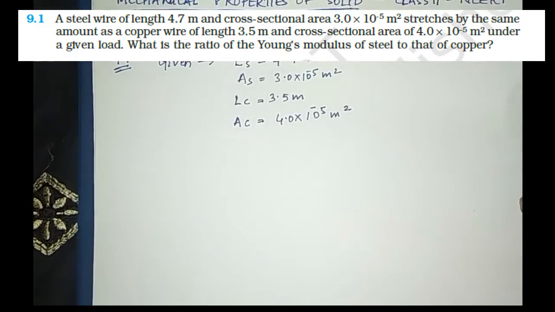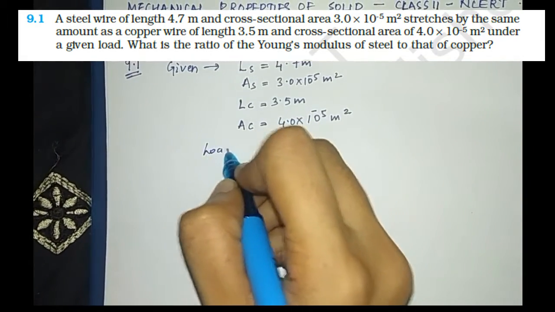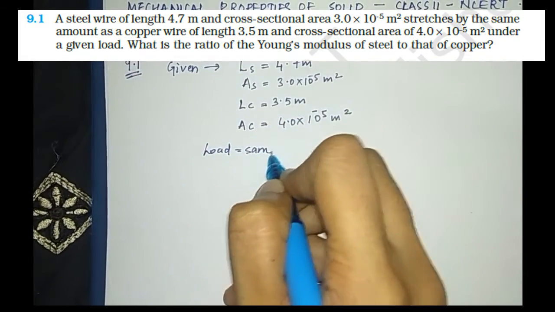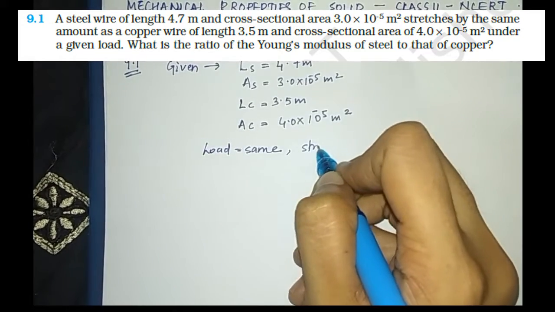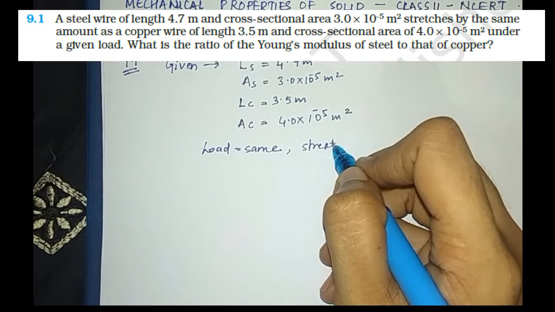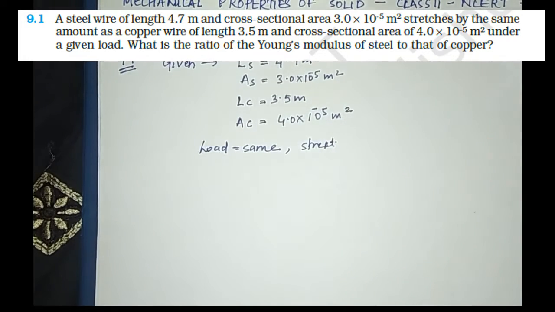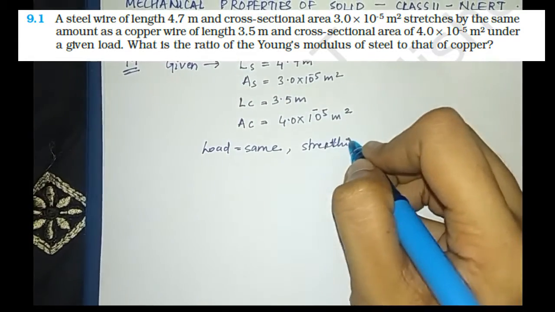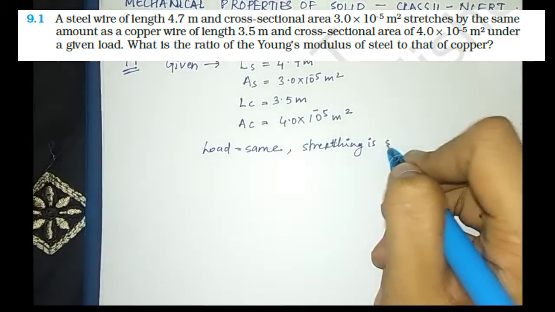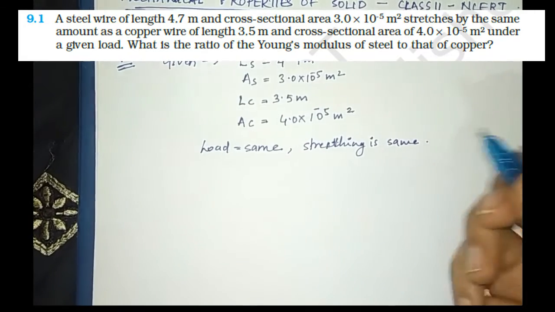So through the question we know that the load applied is the same on both the wires and stretches by the same amount. So the stretching is also the same.